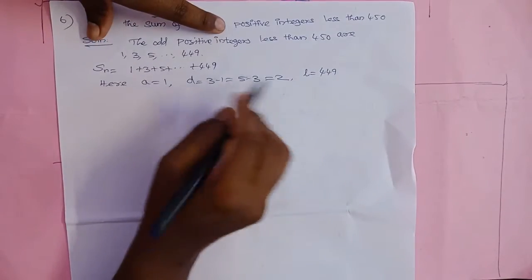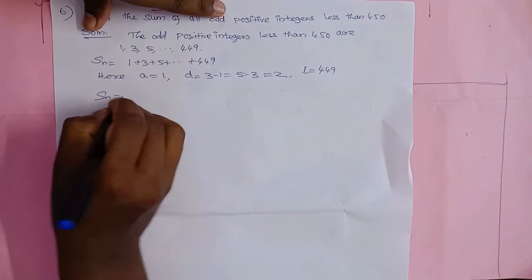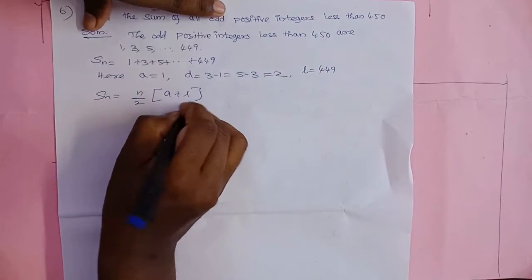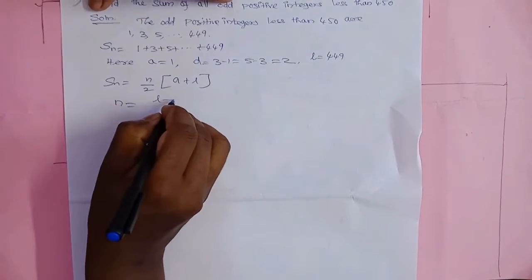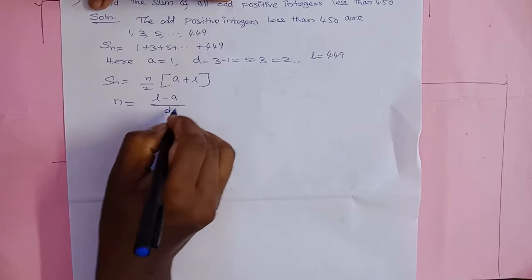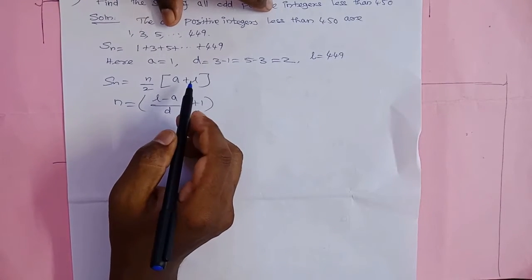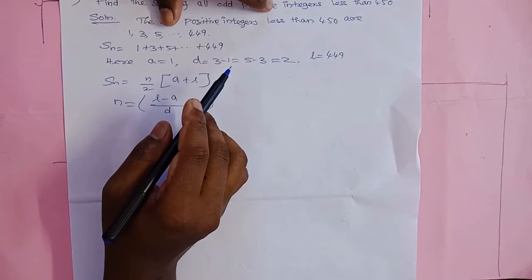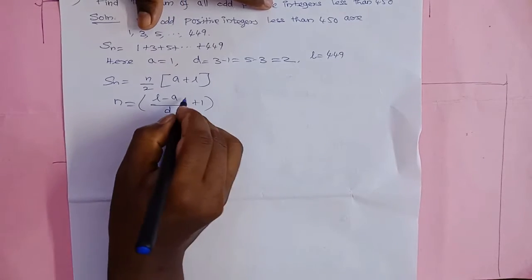When the first term and the last term are given, the formula is Sn is equal to n by 2 into A plus L. To find n, n is equal to L minus A by D plus 1. Or, simply add the first term and last term and divide by 2; that will be the number of odd terms.